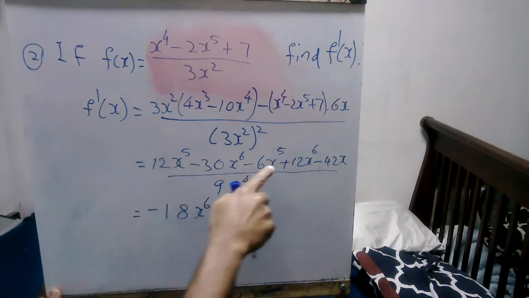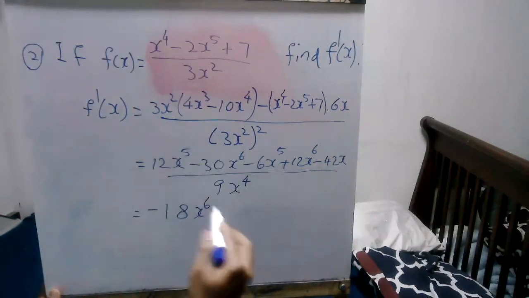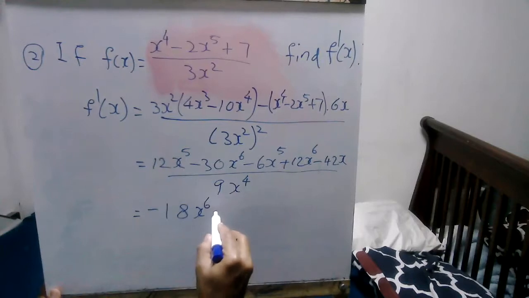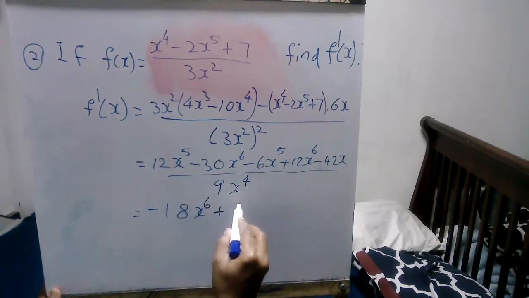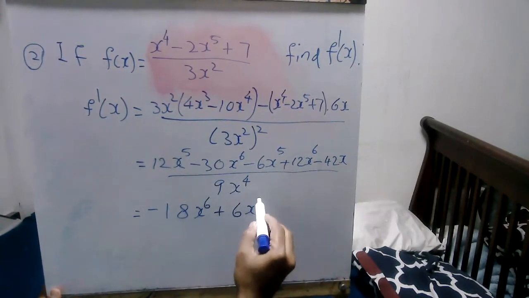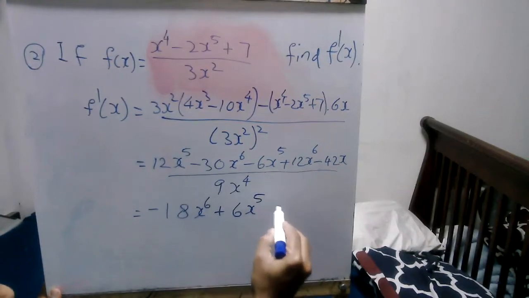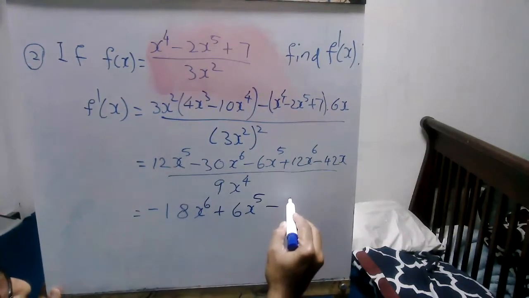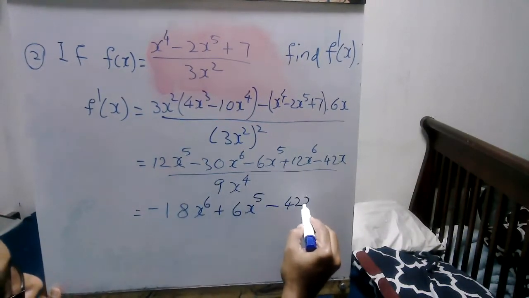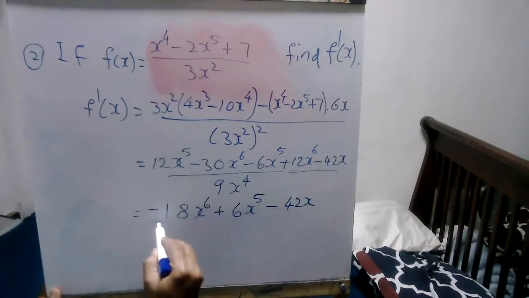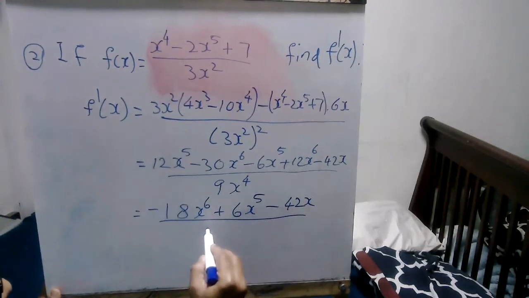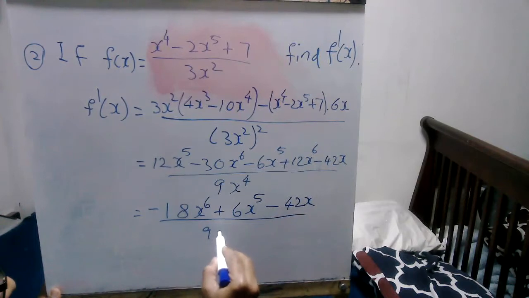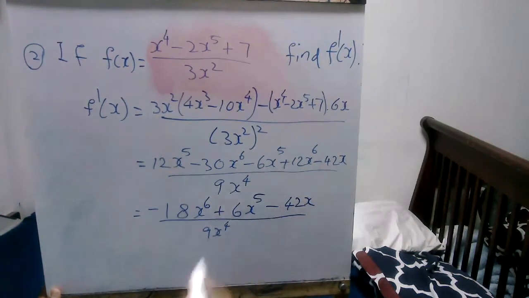Then x to the power 5 like terms. 12 minus 6 is 6, plus 6 x to the power 5, minus 42x, divided by 9x to the power 4.